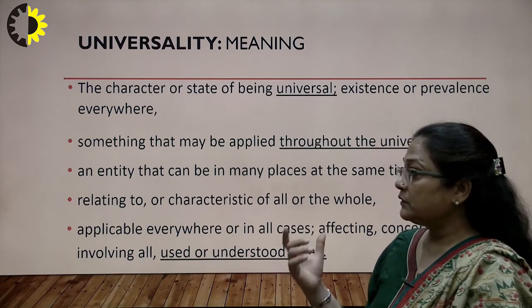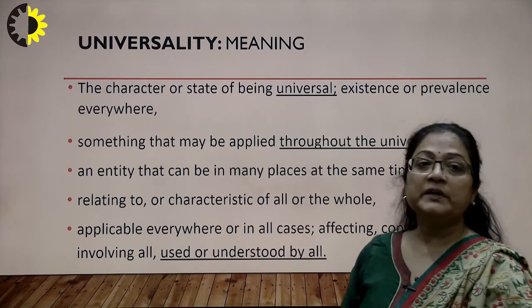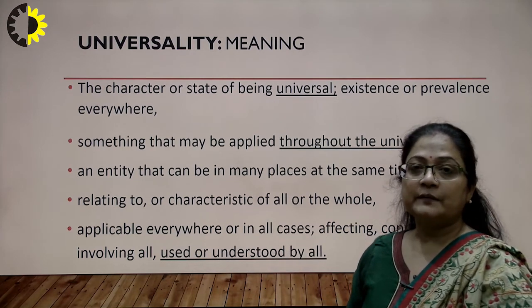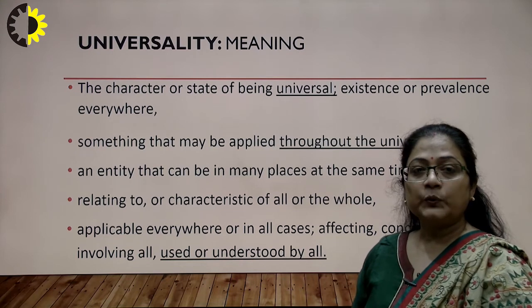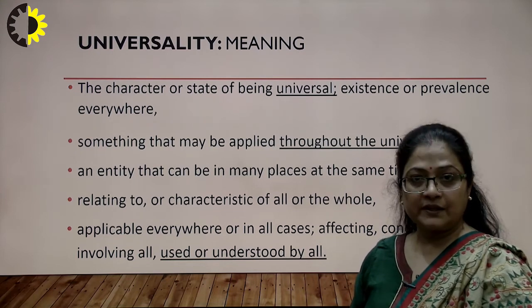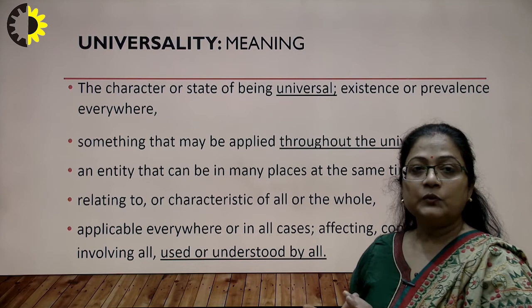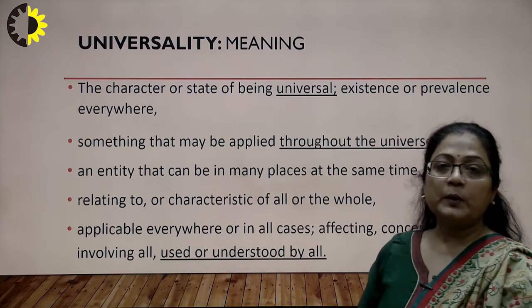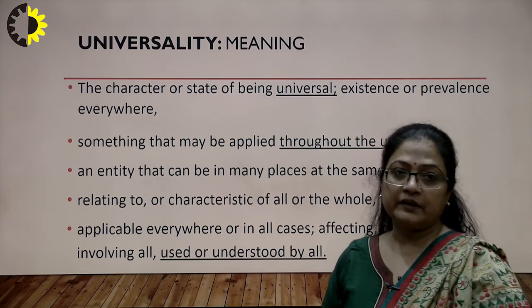So, this is the entity that can be in many places at the same time. The wider term is that you can communicate with many people at the same time. And everywhere you communicate with people, you need to communicate with people.